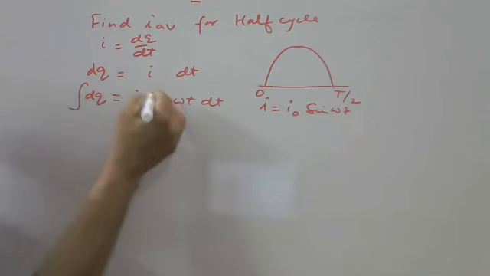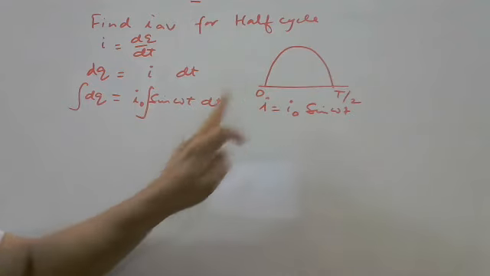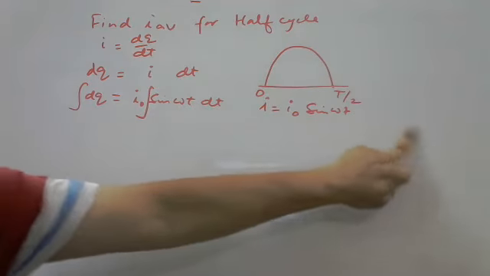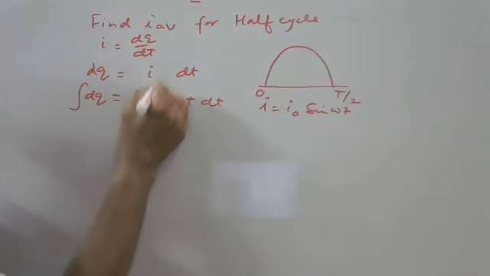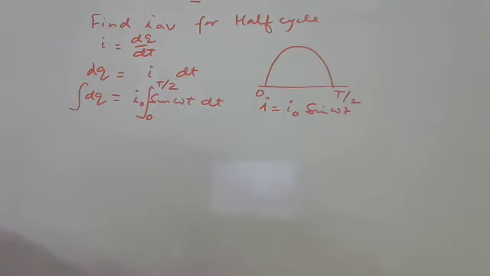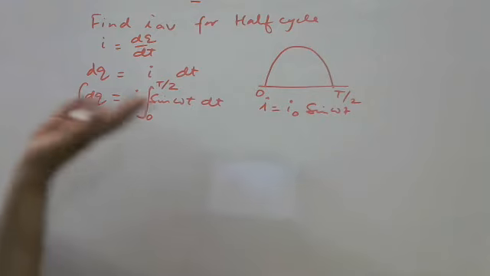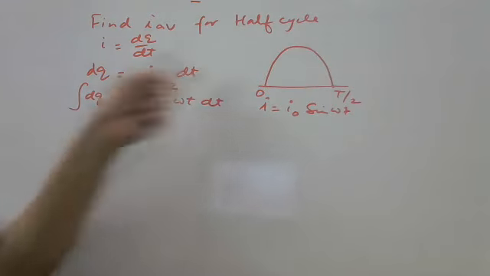Now we are interested to find the integration limit, which should be 0 to t by 2. There is no confusion, because we are taking the limit from 0 to half cycle. The limit here is 0 to t by 2.